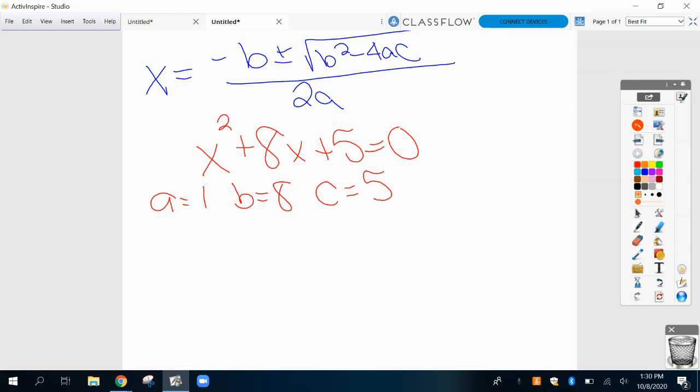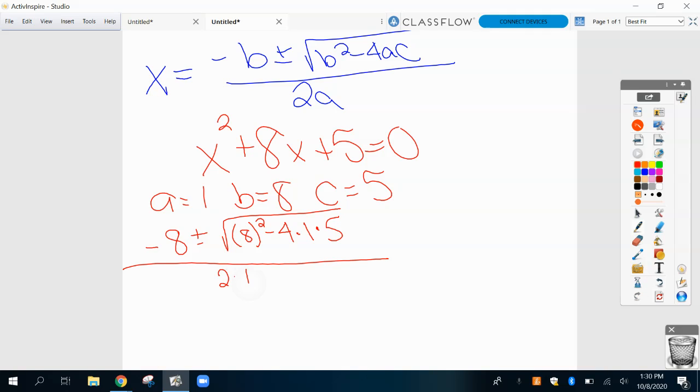So we will start plugging in. We will say negative b, so negative 8, plus or minus the square root of 8 squared, minus 4 times a, which is 1, times, that's a positive 5, times c, which is 5, all over 2 times 1. Then we're going to take our calculator and do everything underneath the square root.